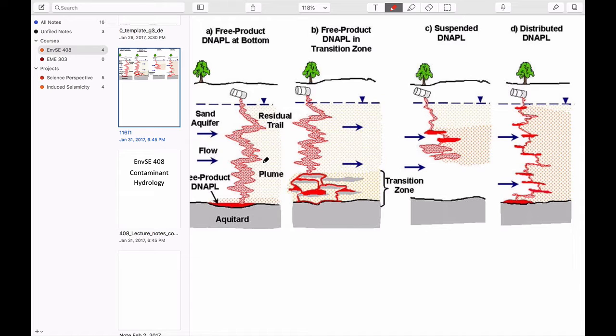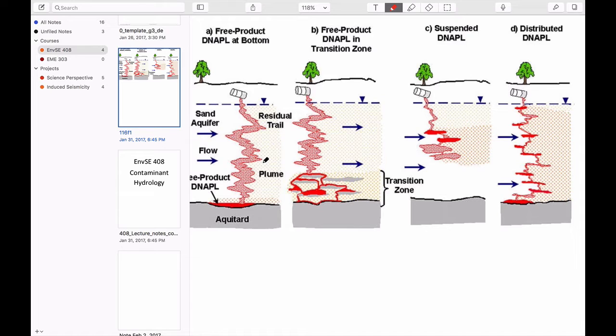We've always couched this in terms of the concept of multiphase flow. So flow of a wetting fluid and flow of a non-wetting fluid as two particular types.